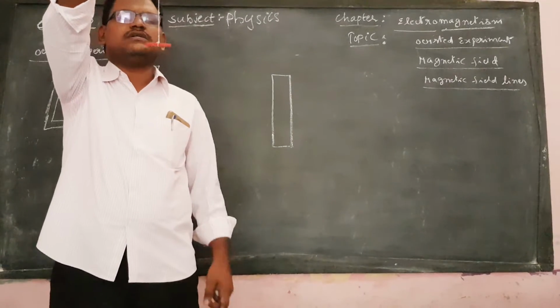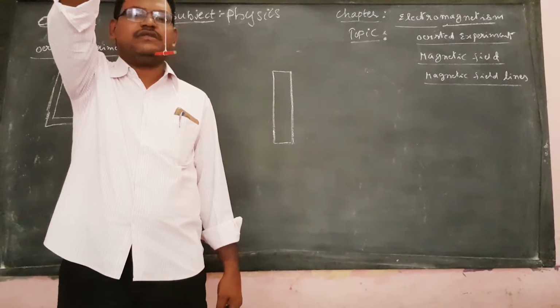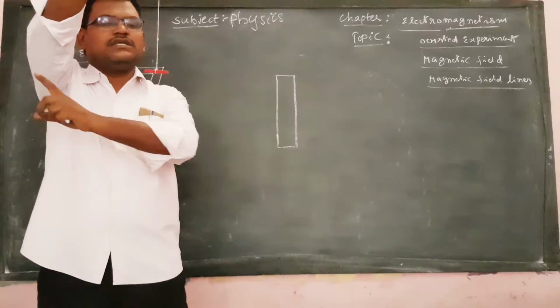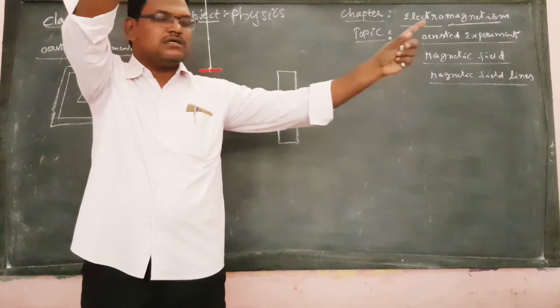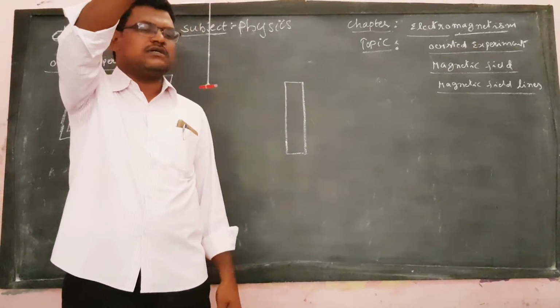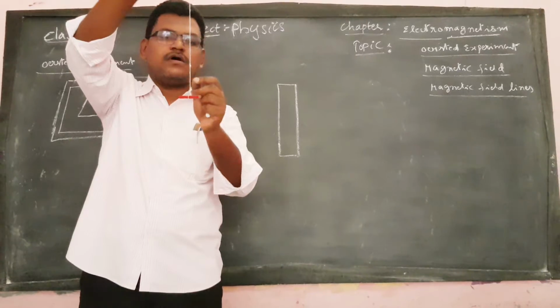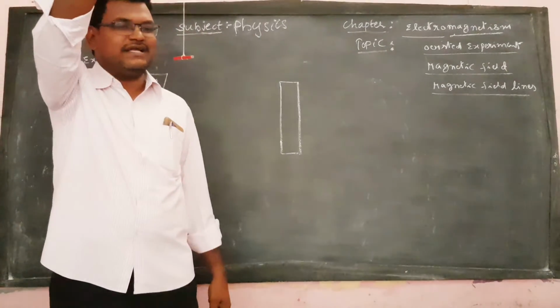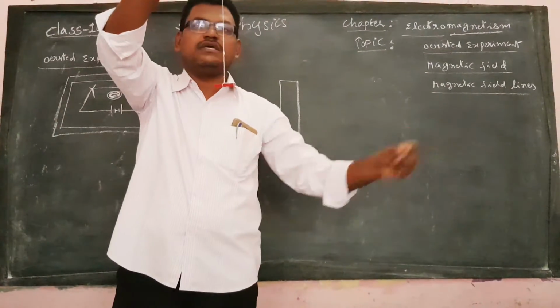Now let's see why a freely suspended magnet, in any way, always aligns in the south and north directions. What is the influence on this magnet for aligning from south to north of the earth?